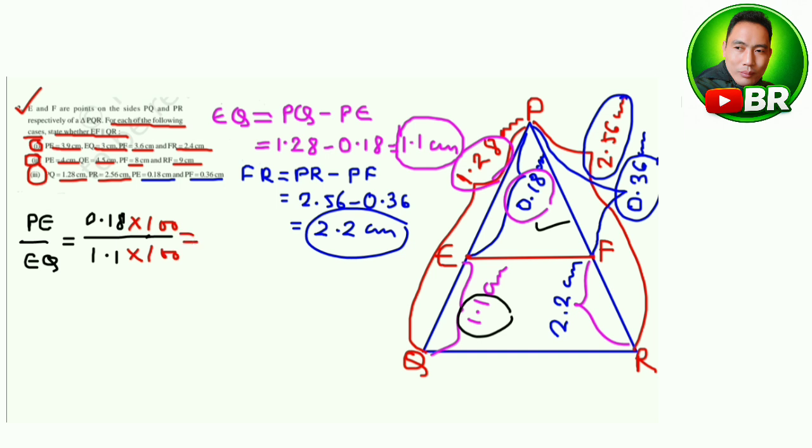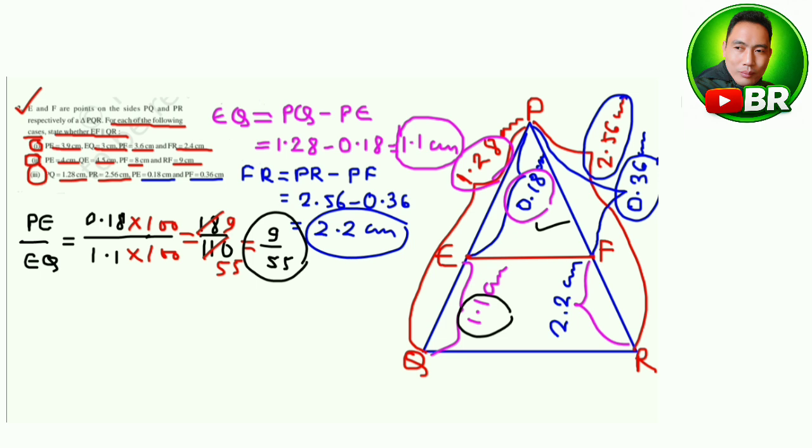Then we obtain here a new fraction 18 by 110, and here 2 nines are 18 and 2 fifty-fives are 110. In this way, here we have obtained the ratio of side PQ is 9 by 55.